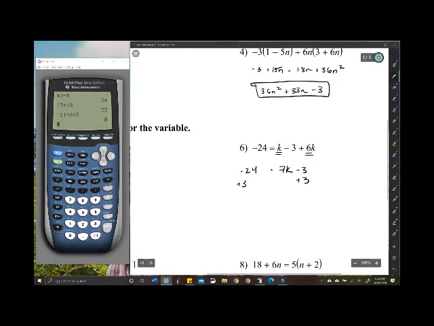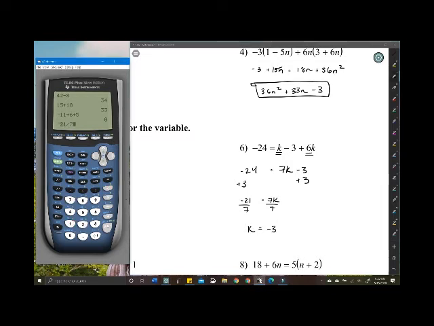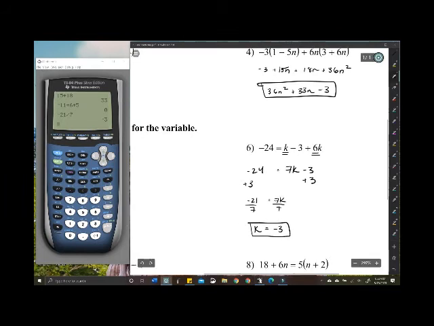So we're going to add the 3. So it's negative 21 is equal to 7k divided by 7. And k is equal to negative 3. Be careful. Negative 21 divided by positive 7 is negative 3. Again, you can check your result.